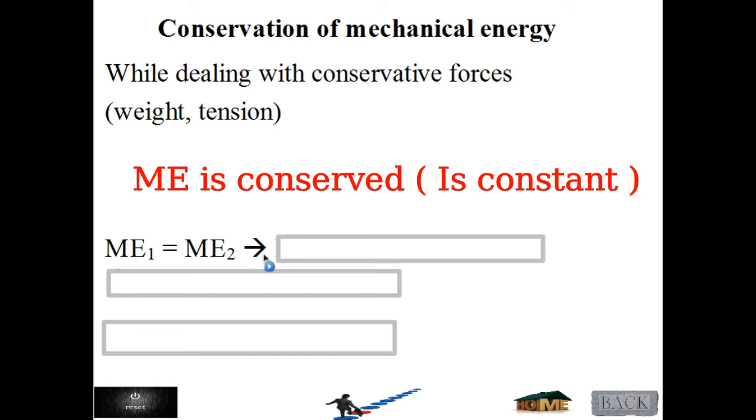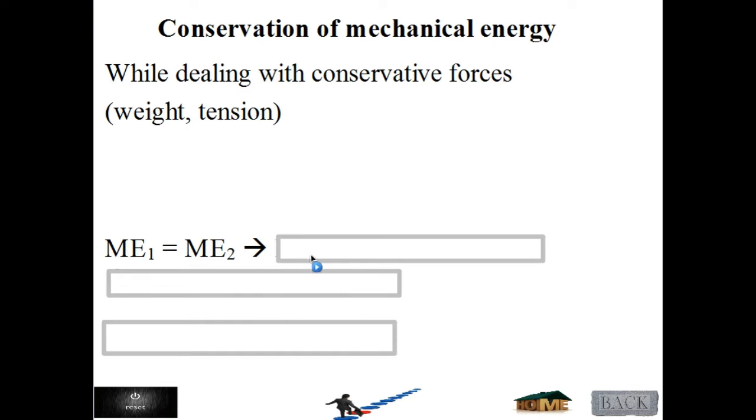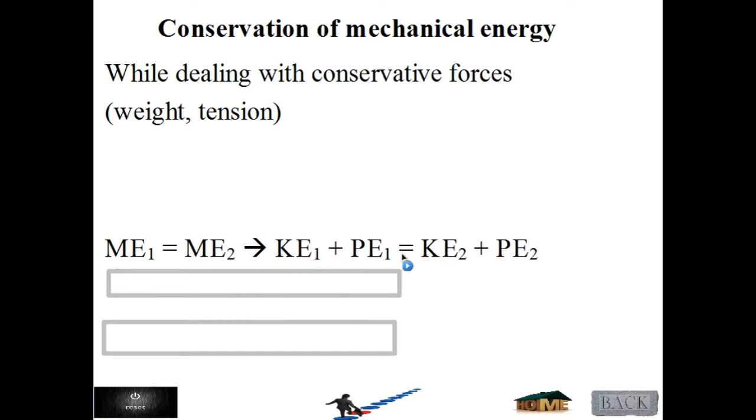We know that mechanical energy 1 equals kinetic 1 plus potential energy 1, and mechanical energy 2 equals kinetic 2 plus potential energy 2. By the way, we should know that kinetic energy 1 is not equal to kinetic energy 2.